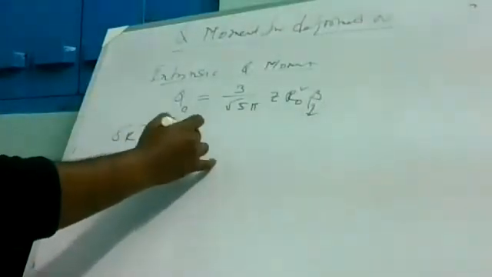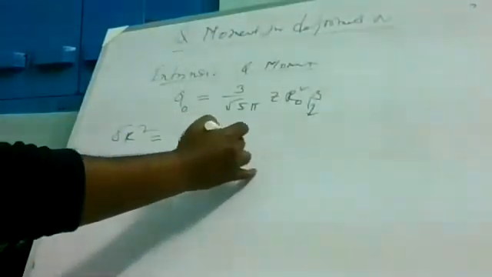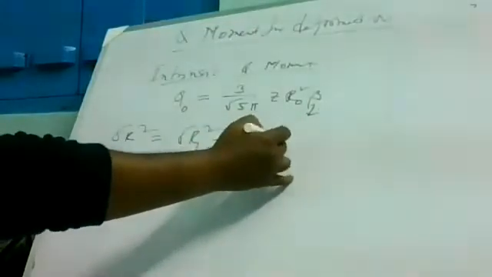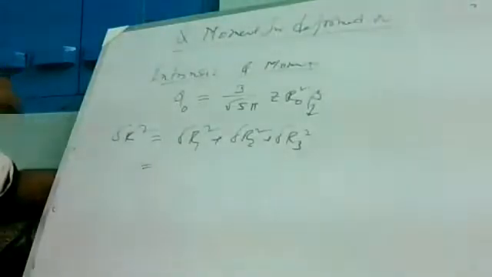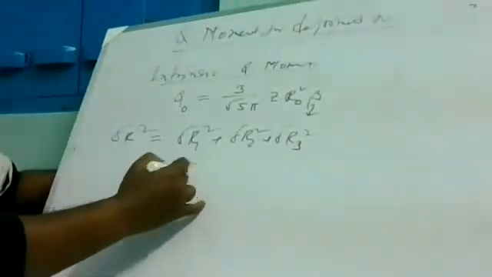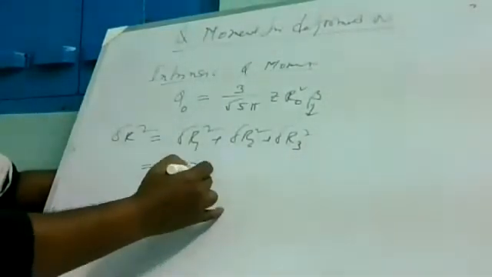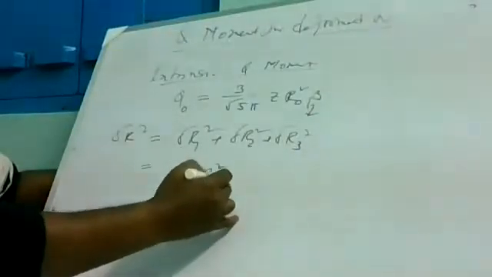Now we have delta r square. In the previous expression, we have delta r square equal to delta r1 square plus delta r2 square plus delta r3 square. We are taking cos gamma equal to 1, meaning gamma equals 0. If we put these values, this comes out to be 15 by 8 pi R0 square beta square.